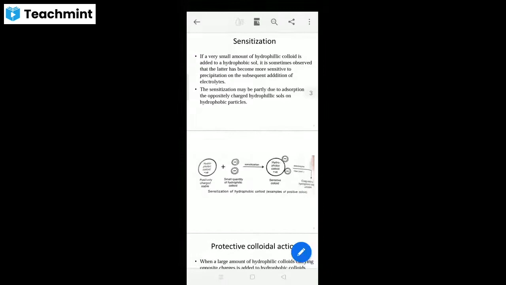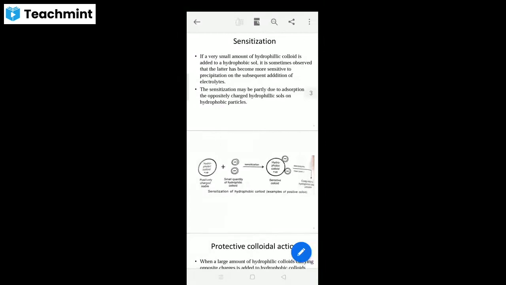Earlier we have discussed the Schulze-Hardy rule, and it is applicable over here to understand sensitization. If you have a clear understanding of the Schulze-Hardy rule, you may know that the more the valency, the more the charge associated with the electrolyte, the more powerful the electrolyte will be for coagulation, that we have learned earlier.